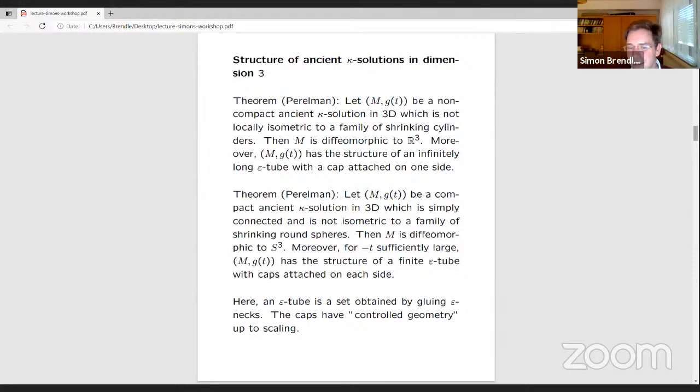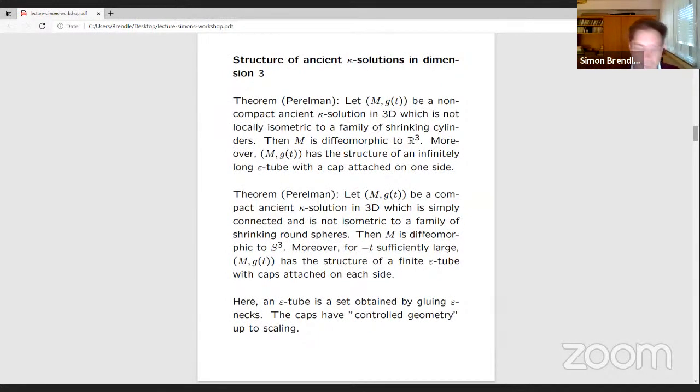Basically you start with oval type shapes, and then you evolve these, and you try to take a limit, and in the limit you get this ancient solution. You start from more and more degenerate initial data, and the solutions will exist for longer and longer times.